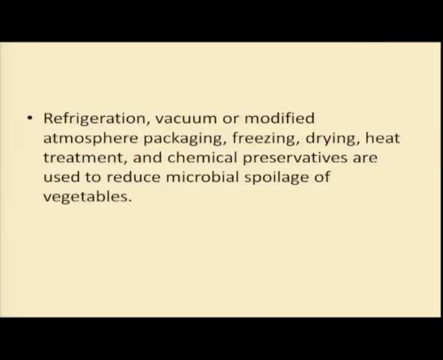To prevent this, refrigeration, vacuum or modified atmosphere packing, freezing, drying, heat treatment and chemical preservatives are normally used so as to contain the microbial proliferation and to reduce the spoilage of vegetables.